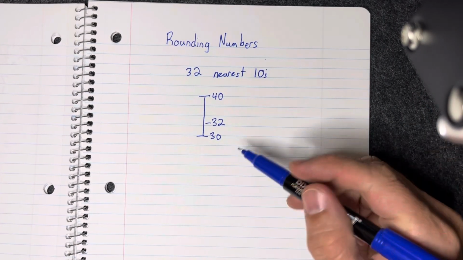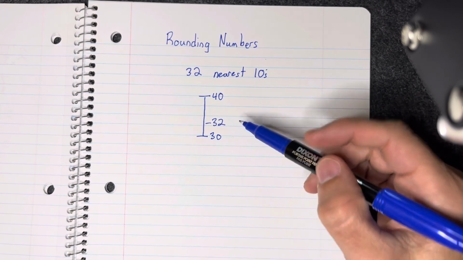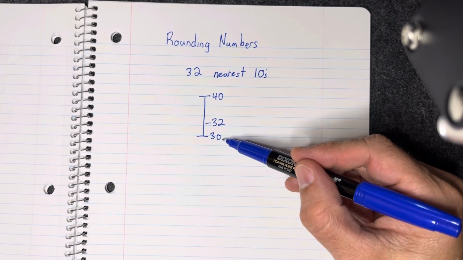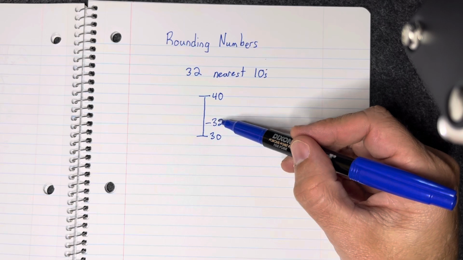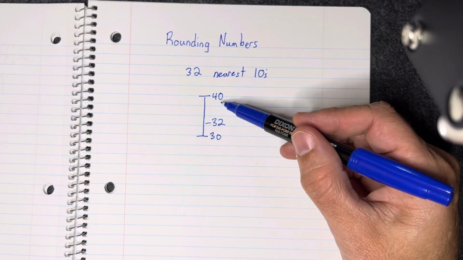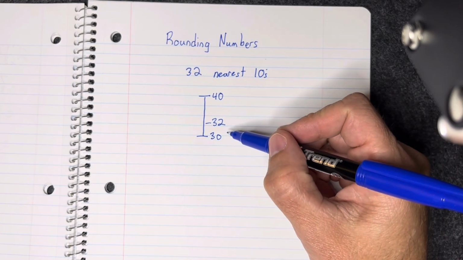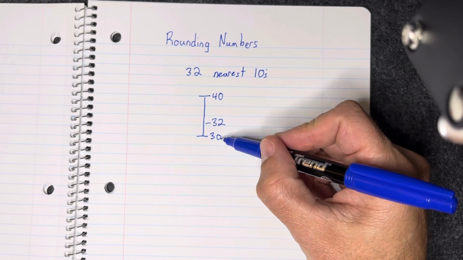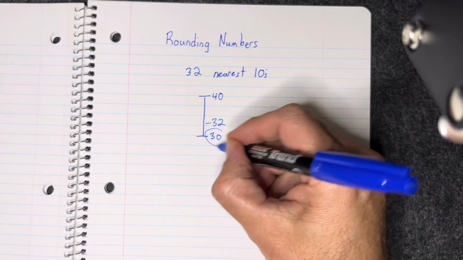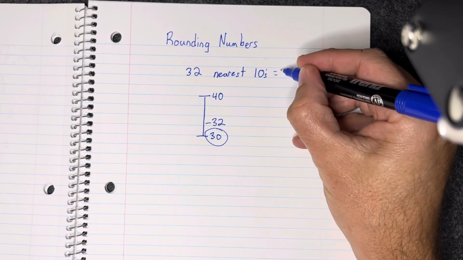So that's between 30 and 40. We have to figure out, is it closer to 30, so we round down, or is it closer to 40, meaning we round up? As you can see, obviously, it's closer to 30. So in this case, 30 is the answer.